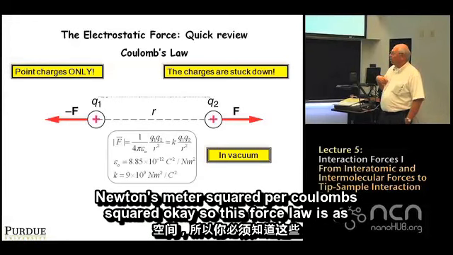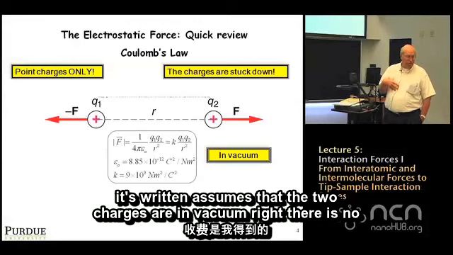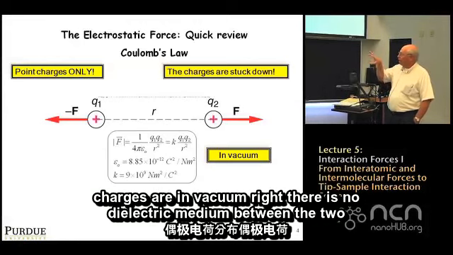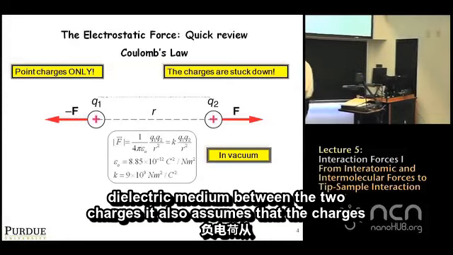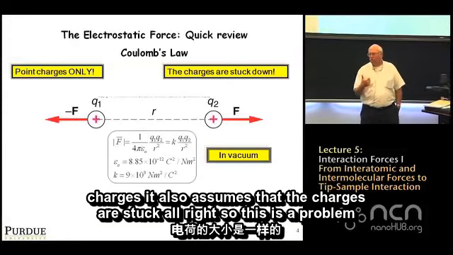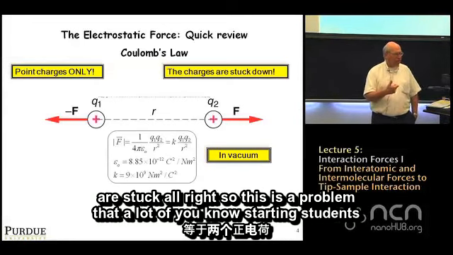Okay, so this force law, as it's written, assumes that the two charges are in vacuum, right? There's no dielectric medium between the two charges. It also assumes that the charges are stuck, right? So this is a problem that a lot of starting students have.